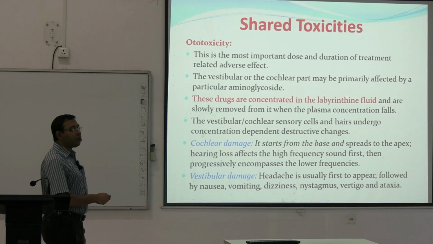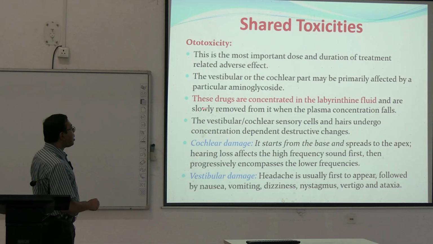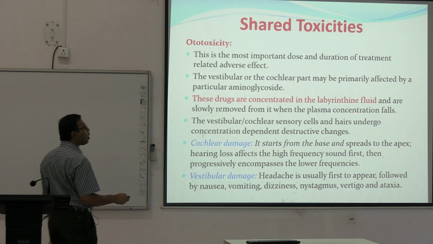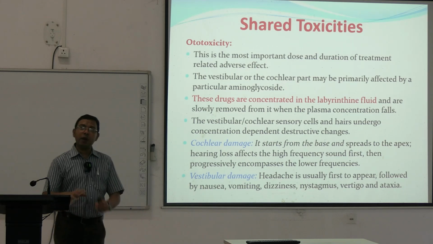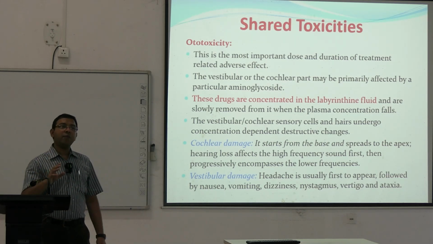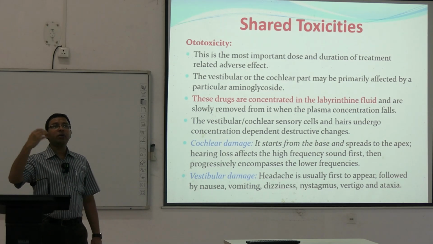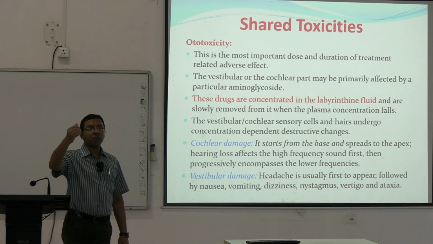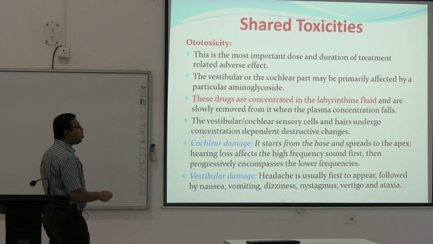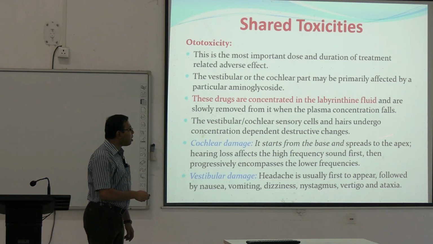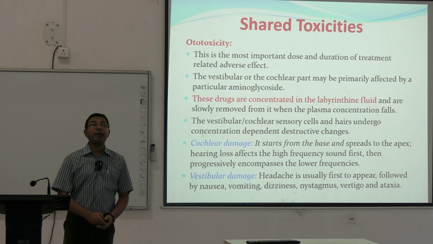These drugs are concentrated in the labyrinthine fluids and are slowly removed from them when the plasma concentration falls. So even if the plasma concentration falls, and there is no antibiotic, much more time is needed for the drugs to be removed from the endolymphatic fluid and labyrinthine fluid. The vestibular and cochlear sensory cells and hairs undergo concentration dependent destructive changes.